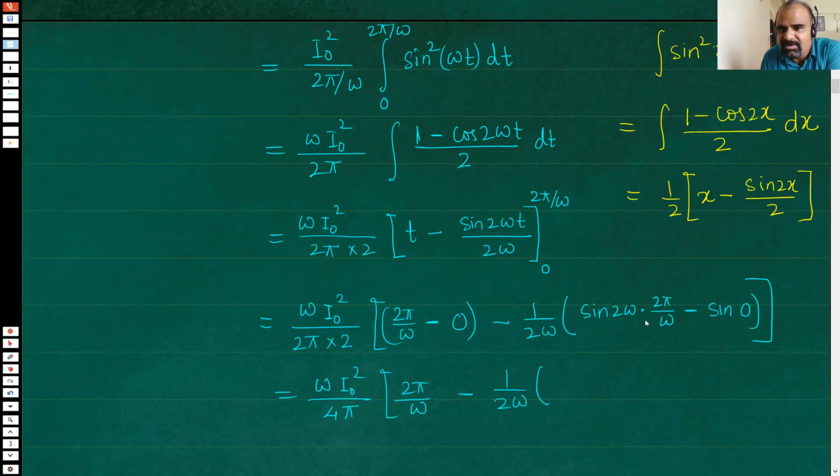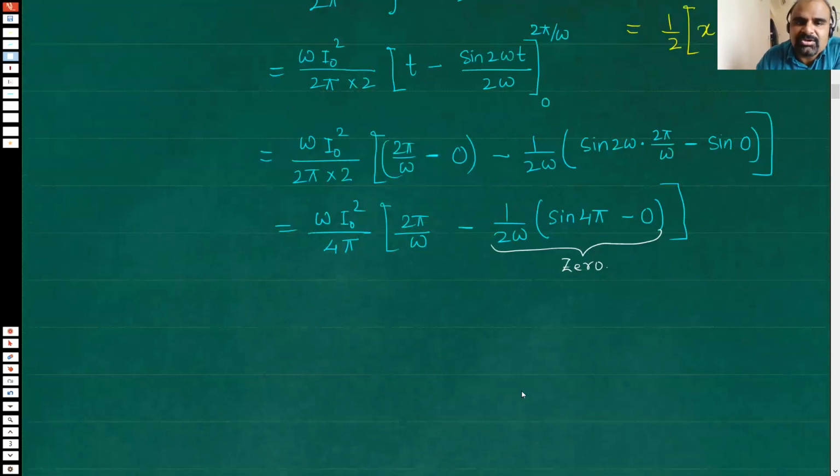Now, can you tell me how much is this? This is sine of 4 pi. You know, sine of 4 pi is how much? Everybody knows it. Yeah, absolutely. So this entire thing is actually 0.